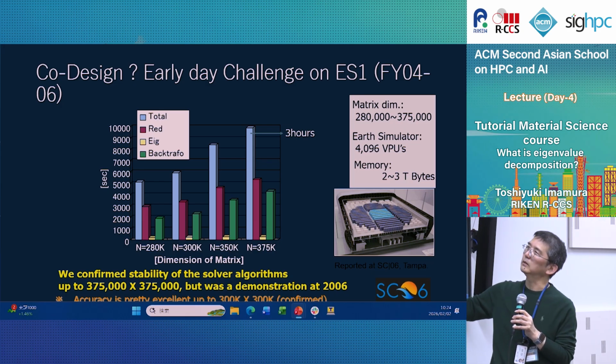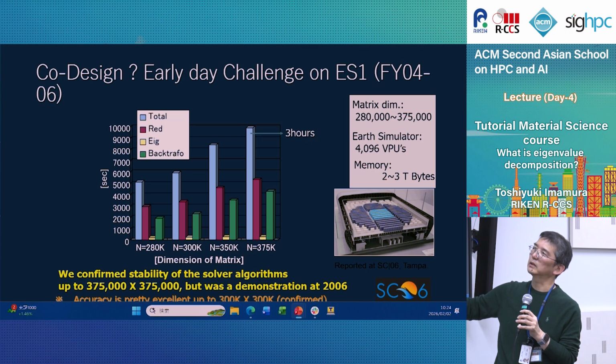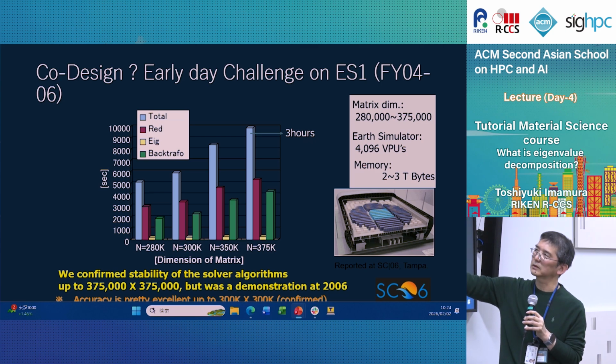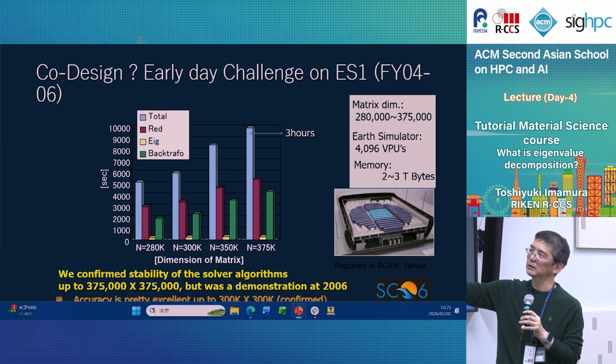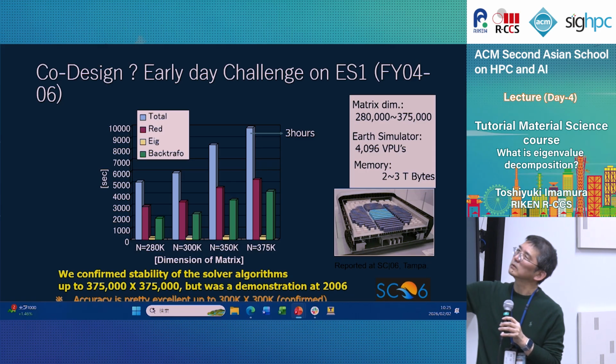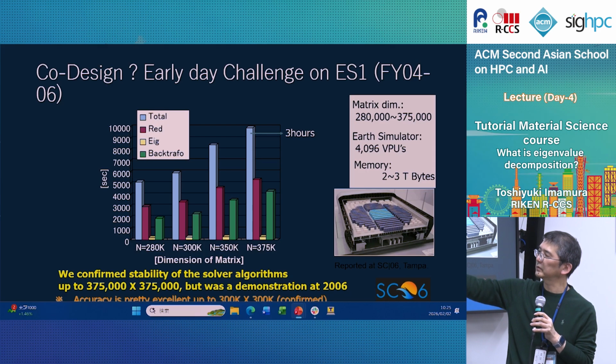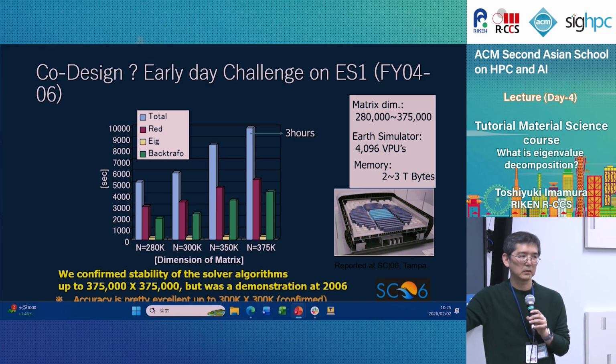We ran several benchmarks for the material science code. This is just one result, where we were able to run the biggest problem we could. The matrix size was almost 400,000 dimensions.